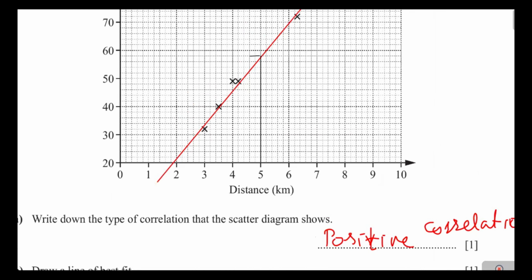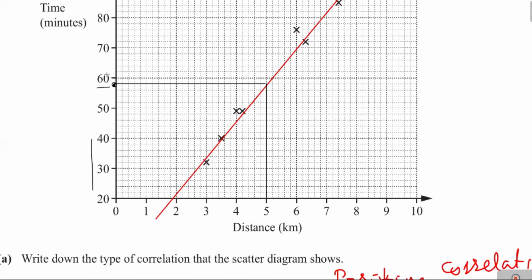Now we draw the horizontal line and meet the time axis at this position, and the time at 5 kilometers will be equal to 58 minutes, because 1 unit is equal to 2 minutes, and therefore 60 minus 2 is 58 minutes, and this is the answer.